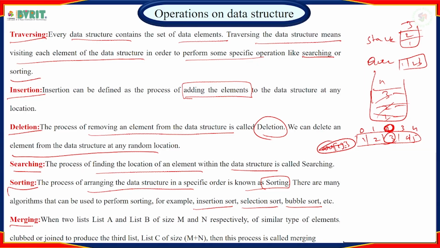The last one is merging. What is the main concept of merging? To merge two lists or two items.